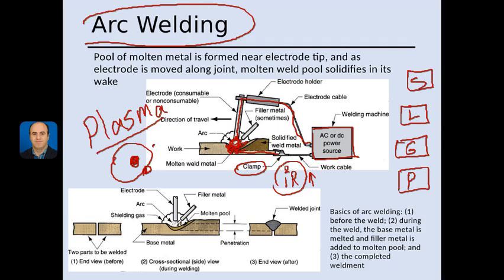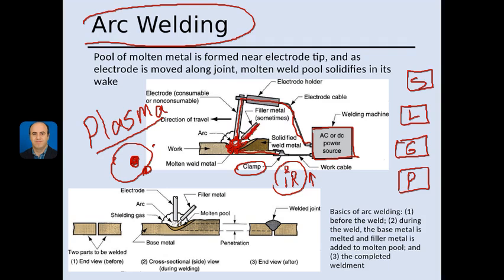That's why we can create a weld by passing the electrons through the electrode. It creates heat that can melt the base metal as well as the electrode. Or as you see here, we have a filler material, which can be melted as well.